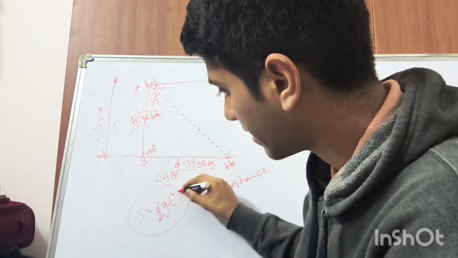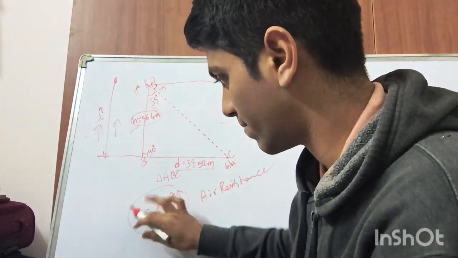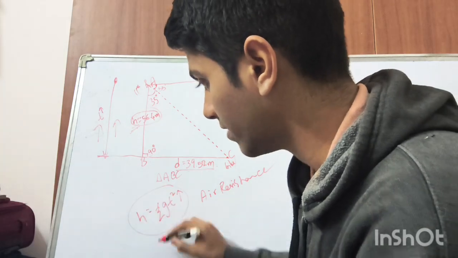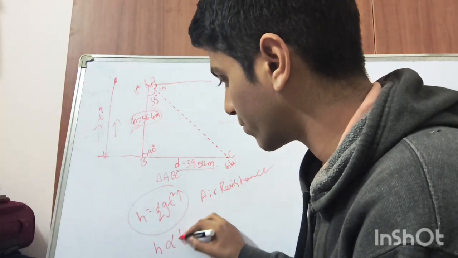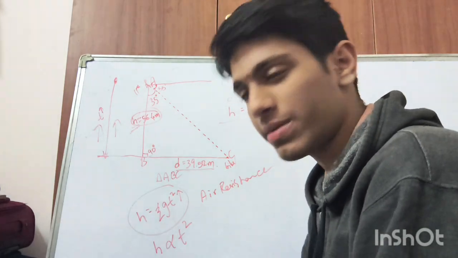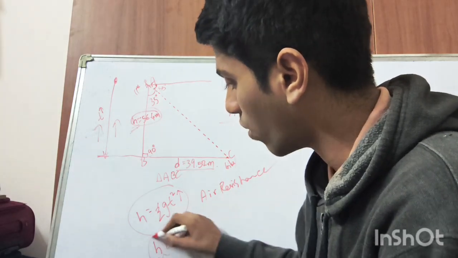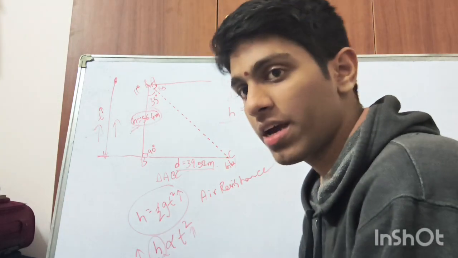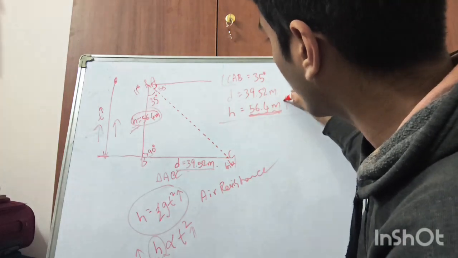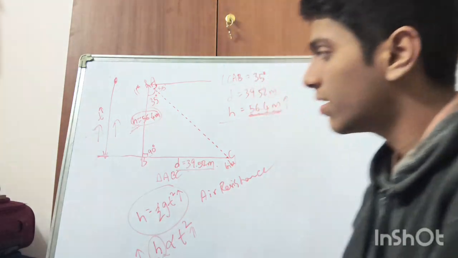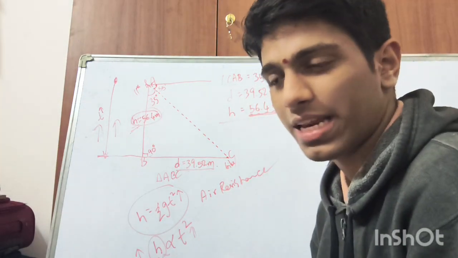And if the time taken increases, since the displacement, which is nothing but height h, is directly proportional to t square, the height calculated will also increase. And it will be a lot more than 56.4, which is not really ideal.